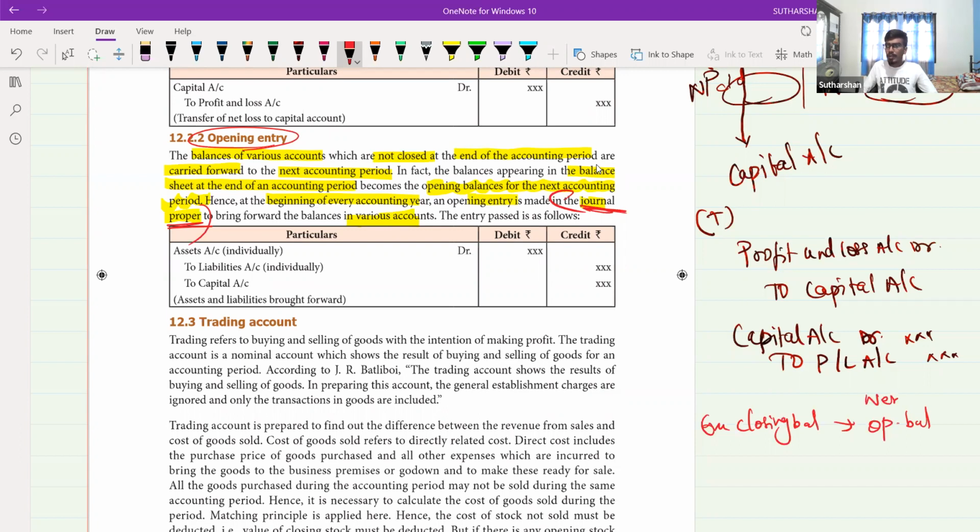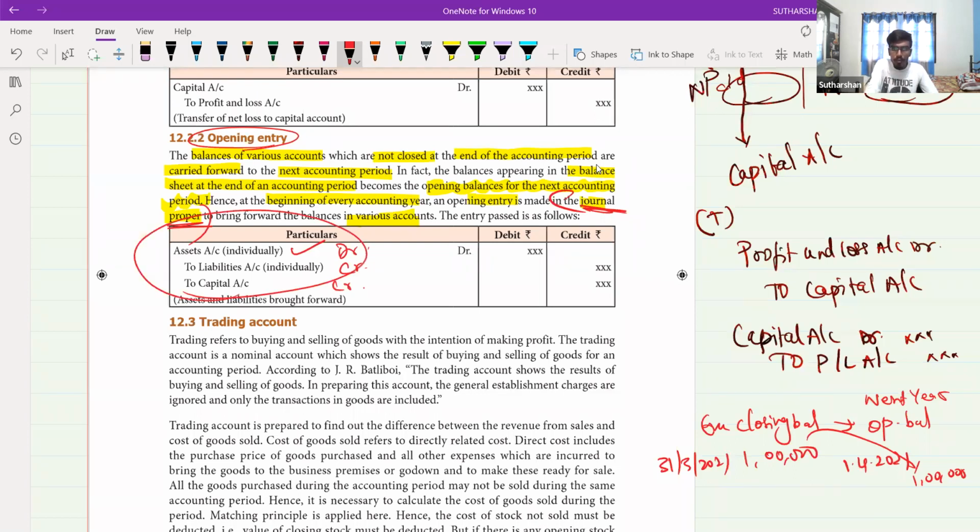If my asset is 1 lakh at the end of this year, on 31/3/2021, then on 1/4/2021 what will be there? The same 1 lakh will be there. Nothing happens to it in one day. Okay? So at that time, assets will have a debit balance, so I will debit. Liabilities and capital will have a credit balance, so I will credit by passing journal entries.